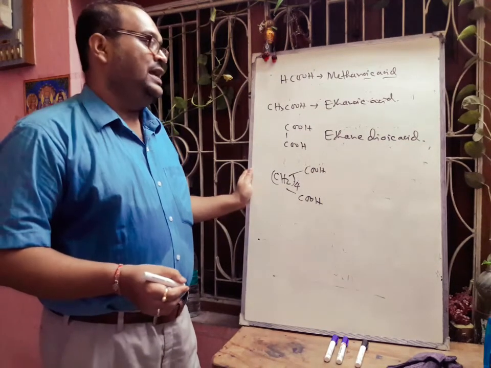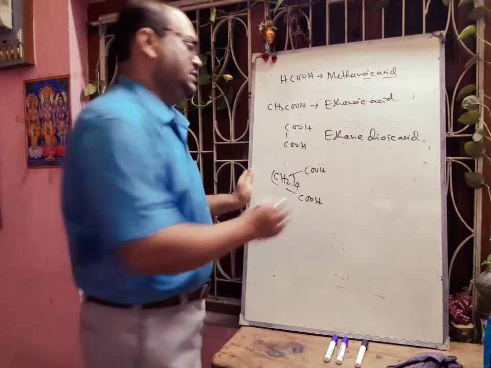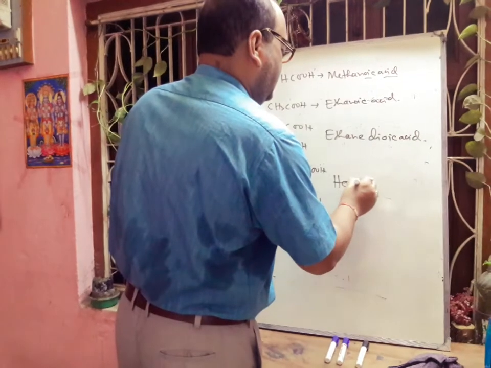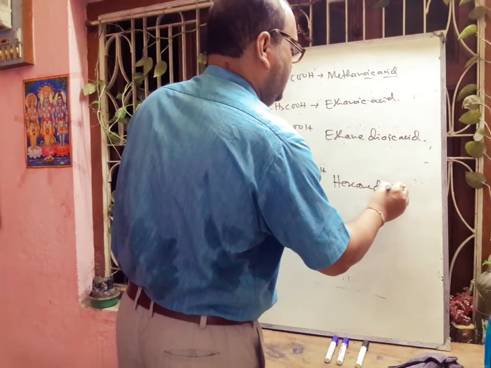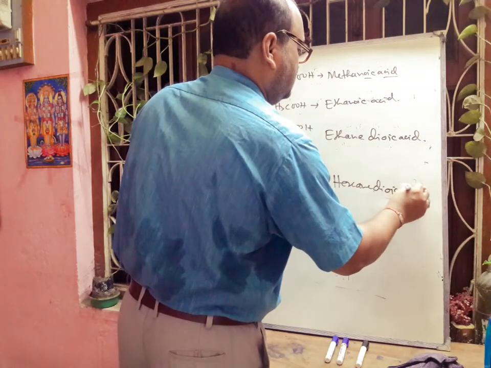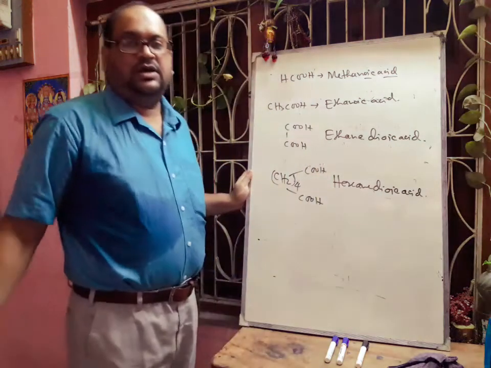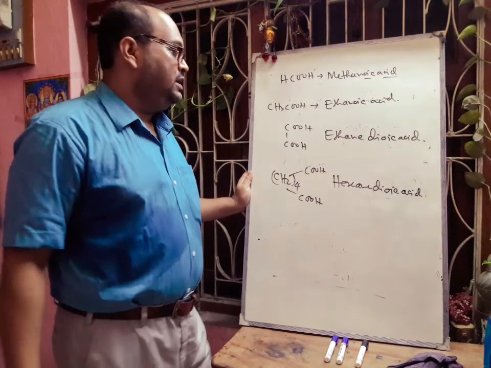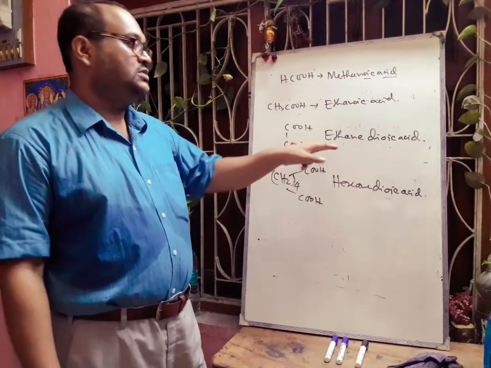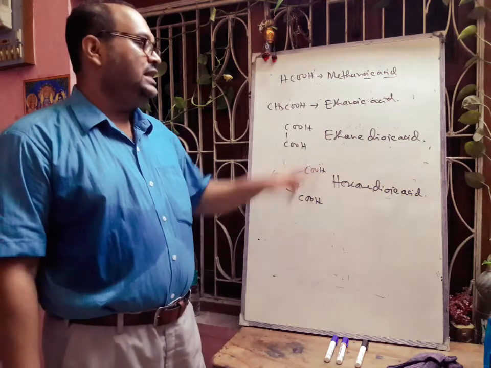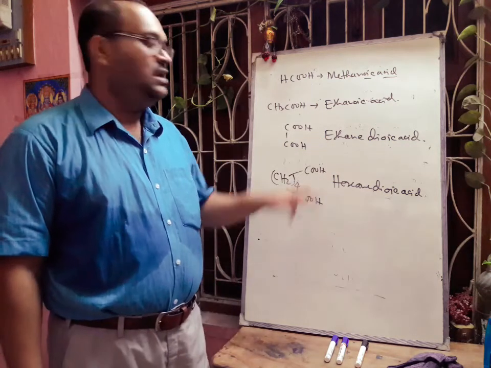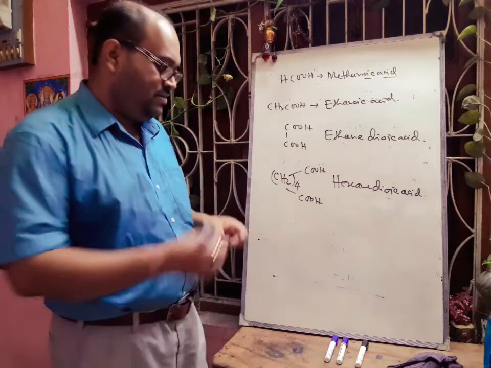So this is hexane dioic acid. So if you want to remember that Ohm's gap, first one will be ethane dioic acid, then propane dioic acid, then butane dioic acid. In this way you have to remember.